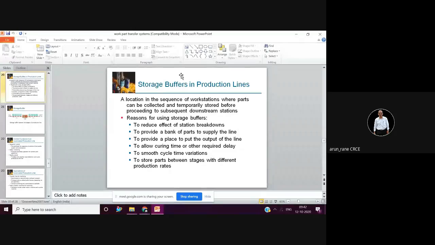If a particular workstation is producing components at faster rates, and the next station is not capable of taking all those products, then there is a buffer place where the components can be stored. So this is a technique which is followed in assembly lines.